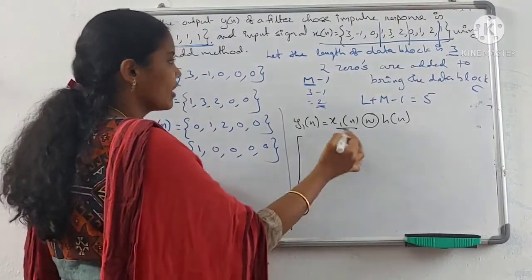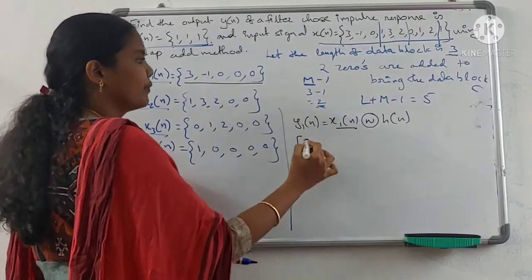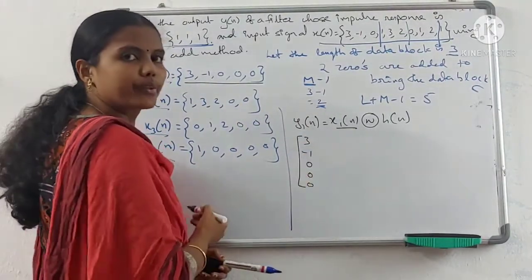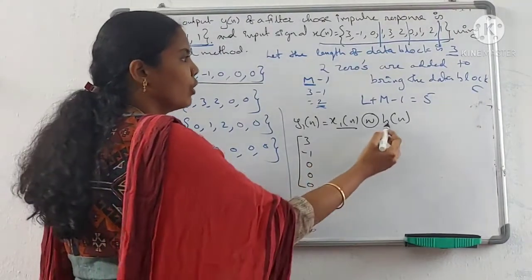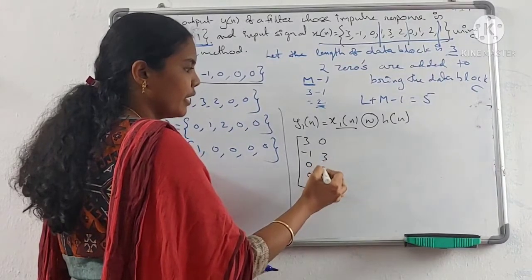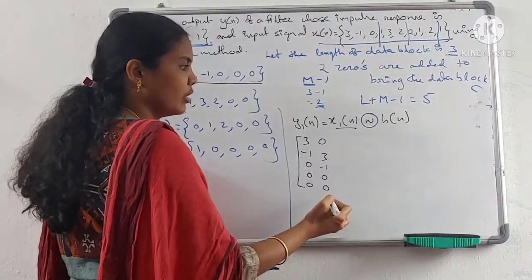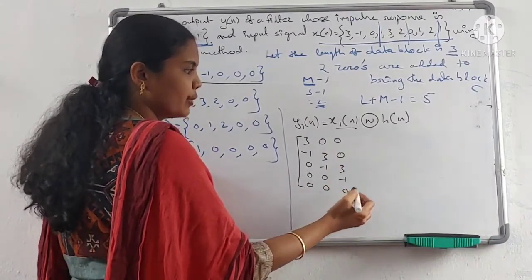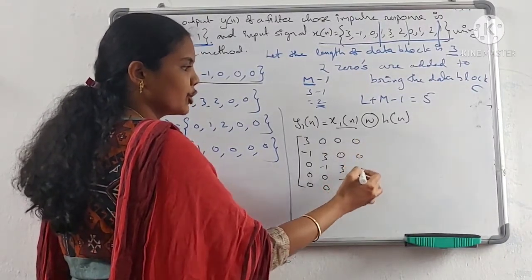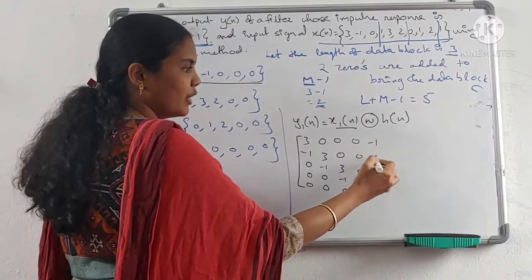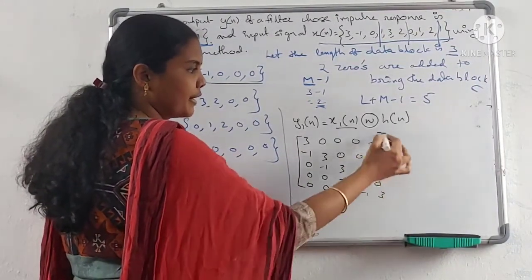It is 3, minus 1, 0, 0, 0. Now you have to rotate: 0, 3, minus 1, 0, 0. Again rotate: 0, 0, 3, minus 1, 0. Again rotate: 0, 0, 0, 3, minus 1, and so on, up to 0, 0, 0 and 3.